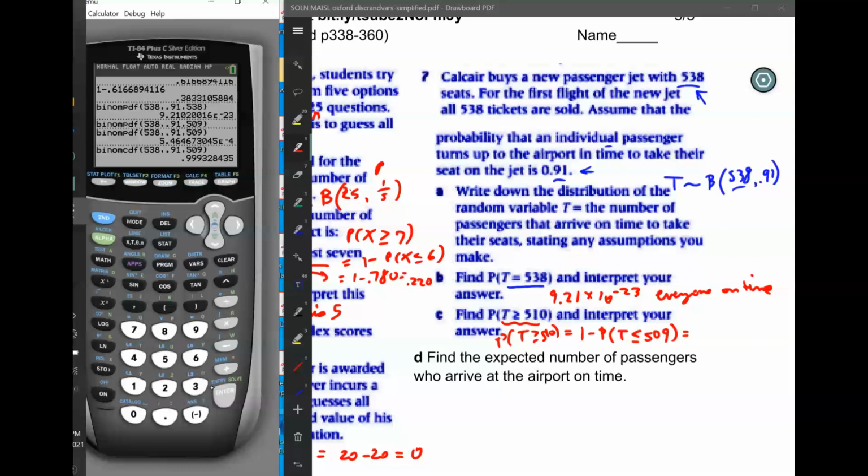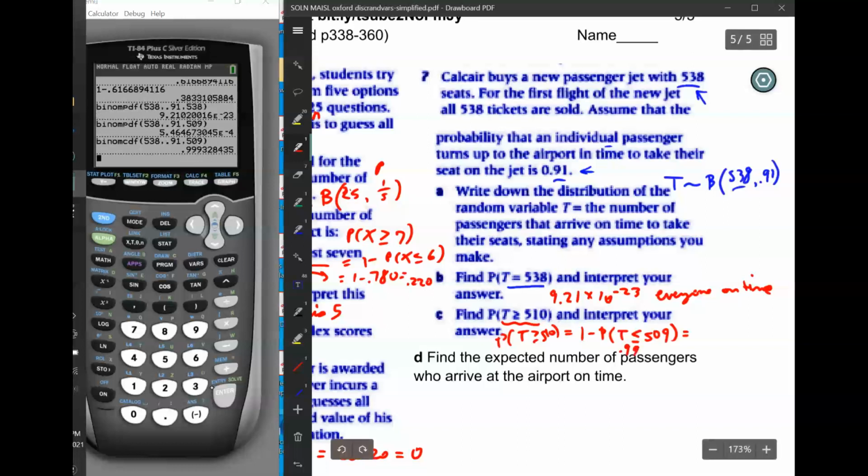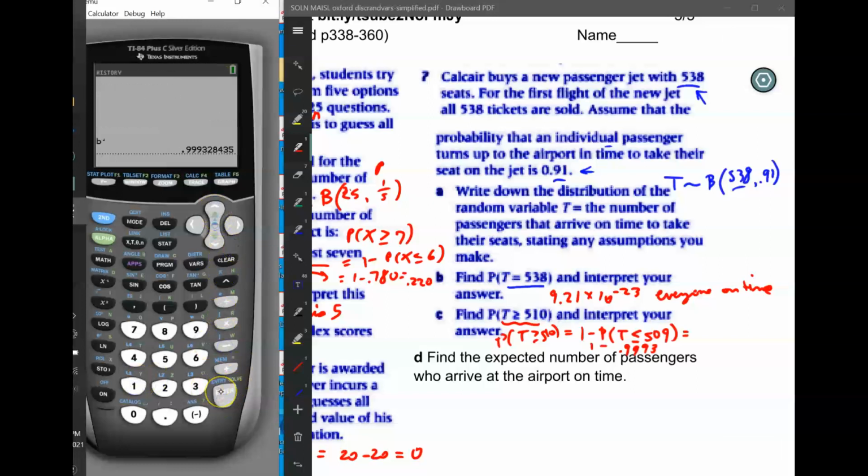And the answer is 0.999. And so the probability that you have greater than or equal to 510 is very small, but not as small as 10 to the negative 23rd, right?